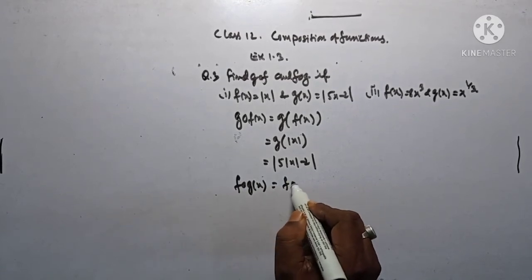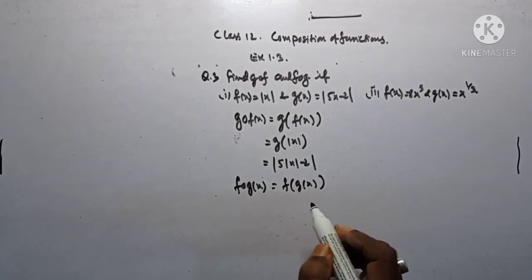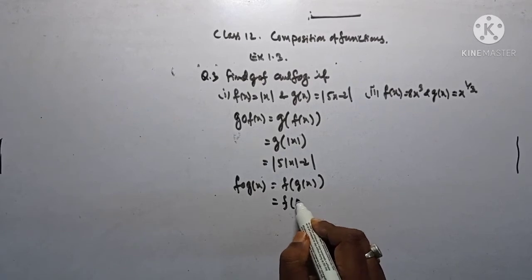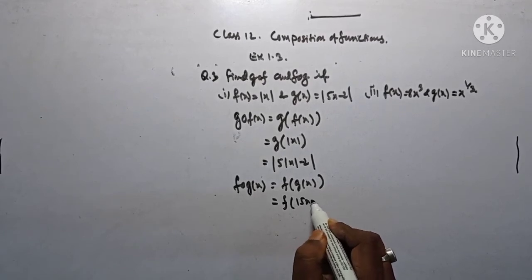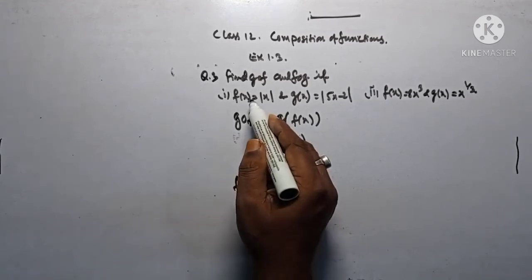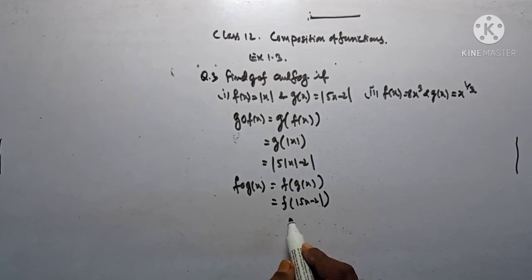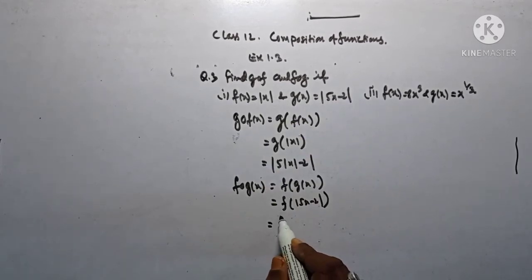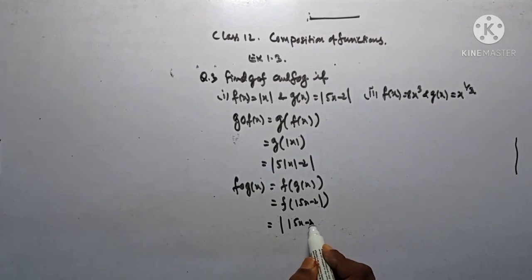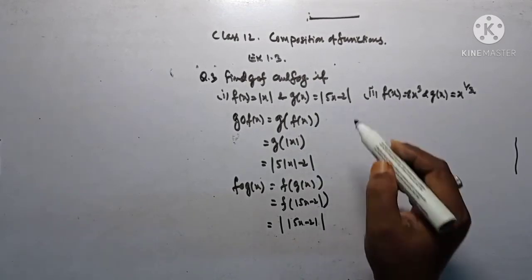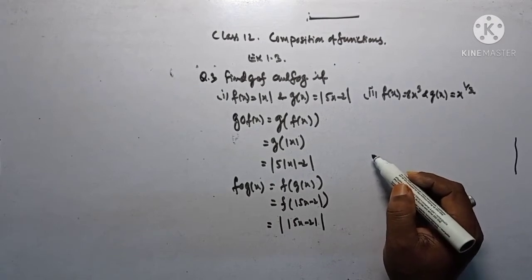Your g(x) is modulus 5x minus 2, and this value we have to put here in place of x. So modulus of 5x minus 2, modulus, is your answer.